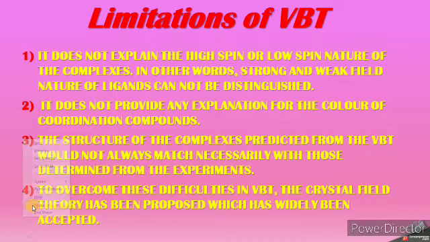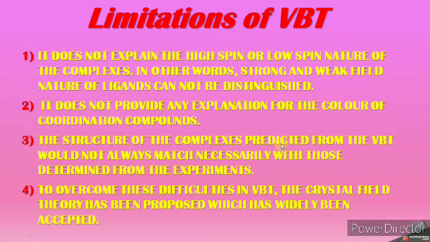Valence bond theory does not explain the high spin and low spin nature of complexes. In other words, the strong field and weak field nature of the ligand cannot be distinguished. Then it does not provide any explanation for the color of coordination compounds. While discussing all these examples, it doesn't mention the color.